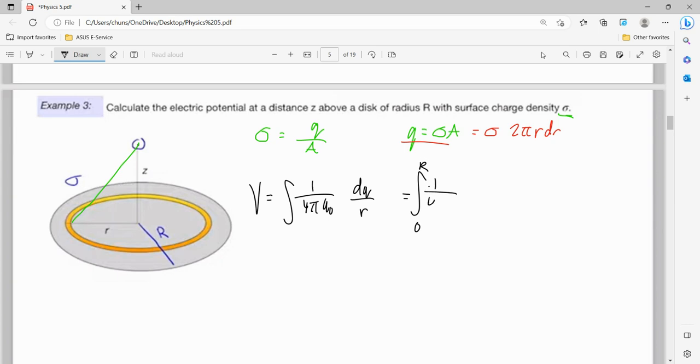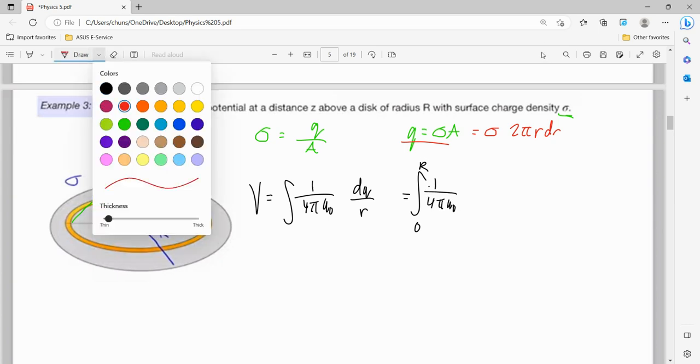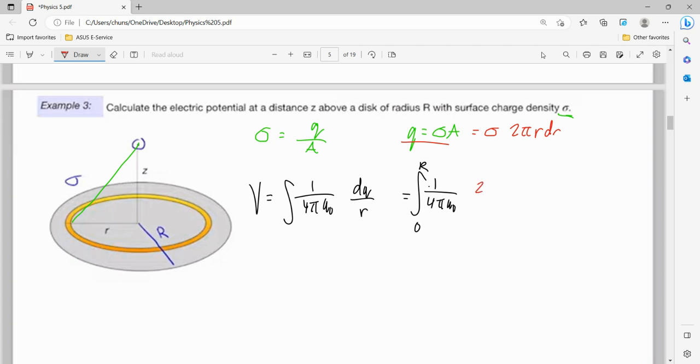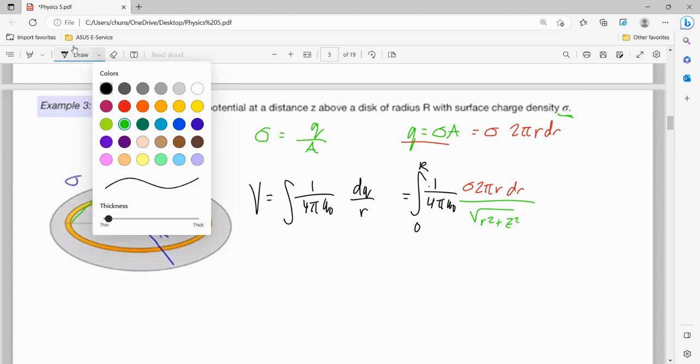So then this is 1 over 4 pi epsilon 0. In place of dq, we have sigma 2 pi r dr over separation distance of r squared plus z squared. So what can we cancel out?